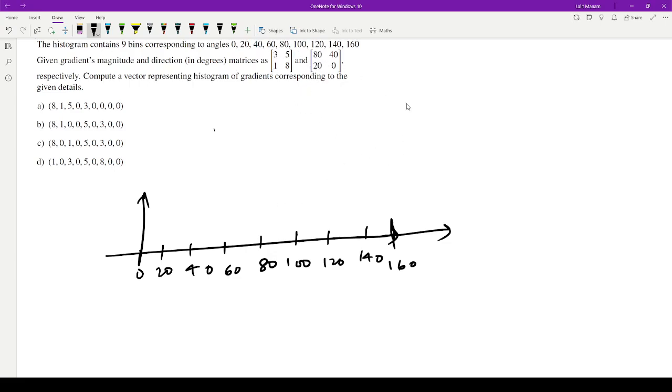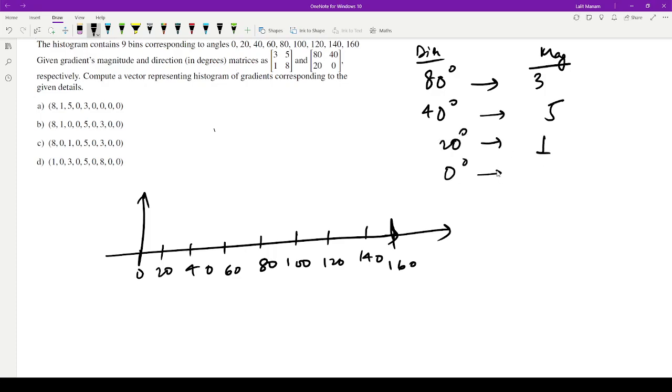What does this mean? At 80 degrees the magnitude is 3. This is the direction, this is the magnitude. At 40 degrees the magnitude is 5, at 20 degrees the magnitude is 1, and at 0 degrees the magnitude is 8.